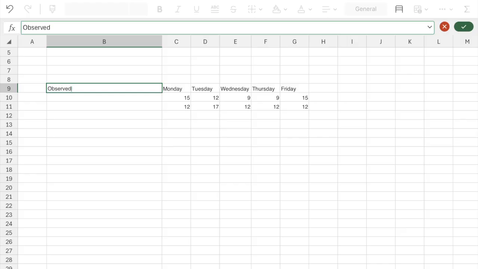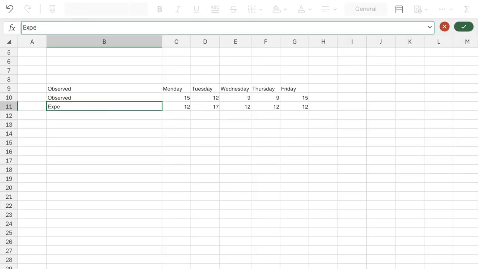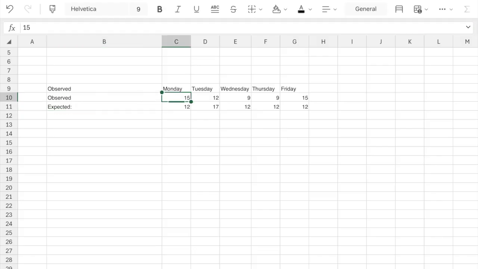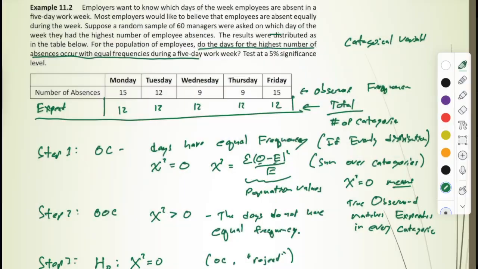Actually, let me move this down. This is my expected. Okay, now I've got to fix this a little bit. Actually, I think those numbers are probably just fine.